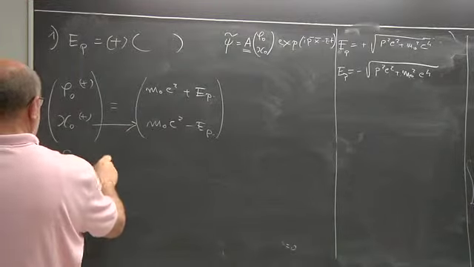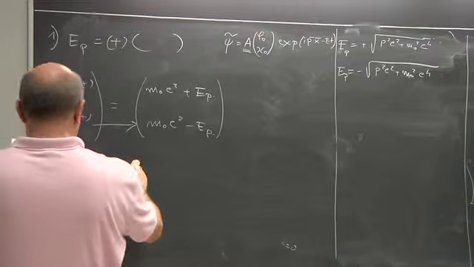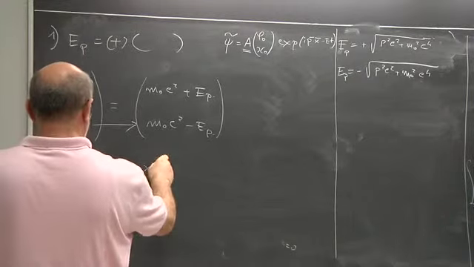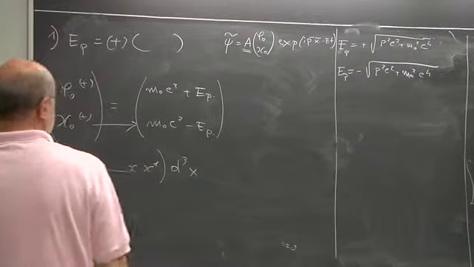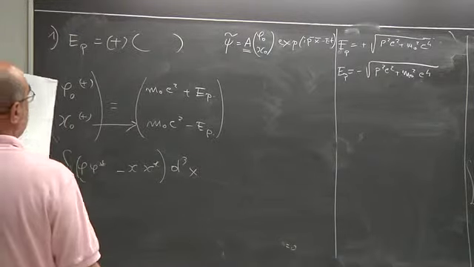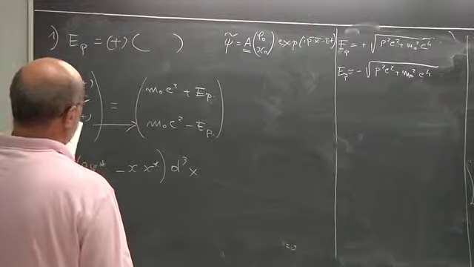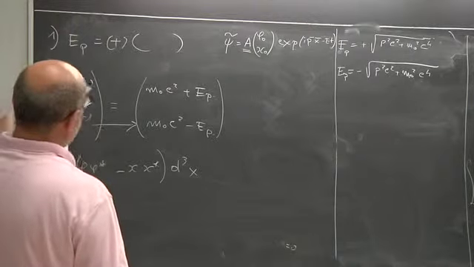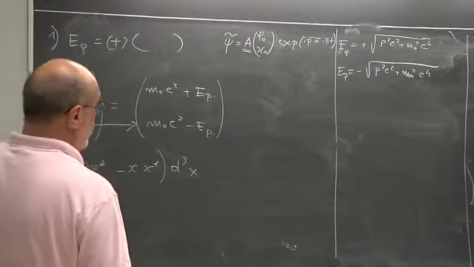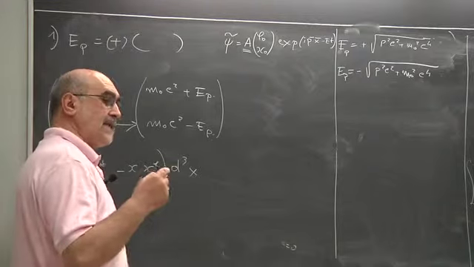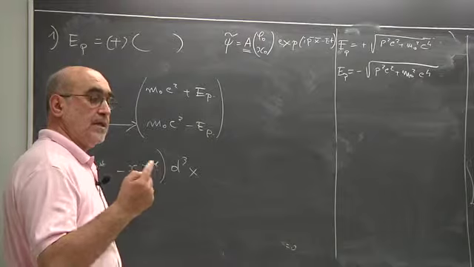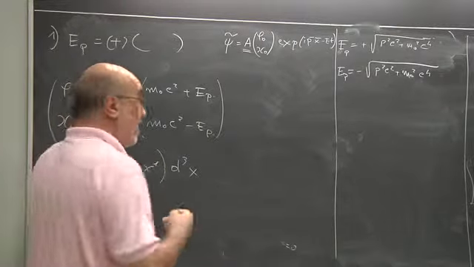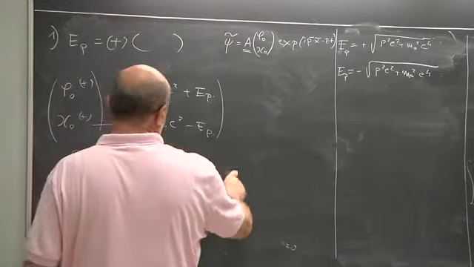Remember that the normalization was the integral of phi star phi minus chi star chi d3x. These are the plus energy solutions. Remember, the plus energy solutions, when we interpret rho as charge density, are associated to the plus charge, so it is equal to 1.